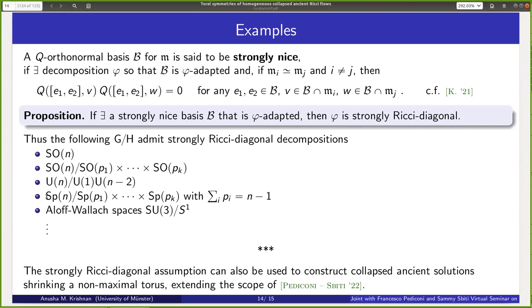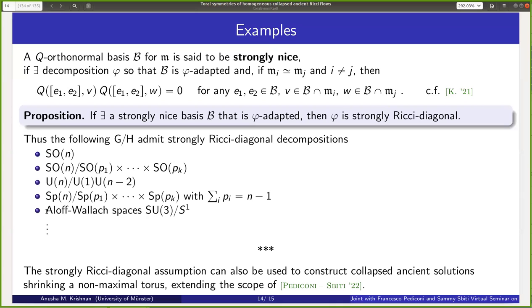So M0 is one dimension. Yes, that's right. Does that also fit into this category then? Yes, that's right. So if you have an ancient collapsed flow, then it's guaranteed to have a strongly shrinking torus, and then yes, you can conclude the extra toral symmetry.